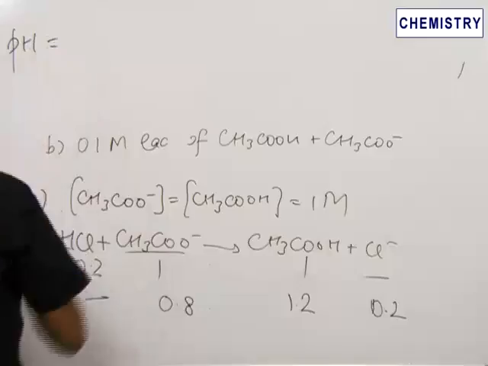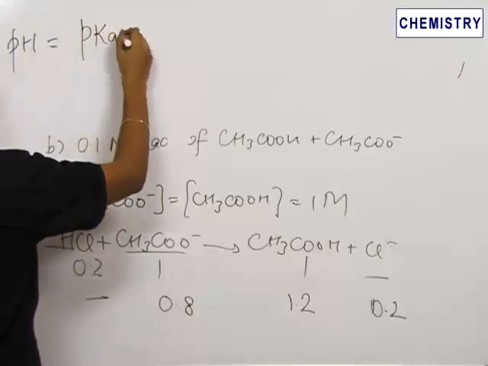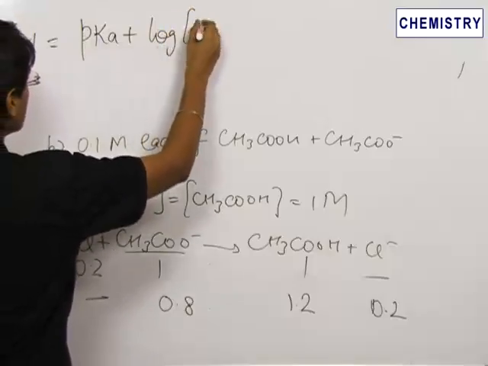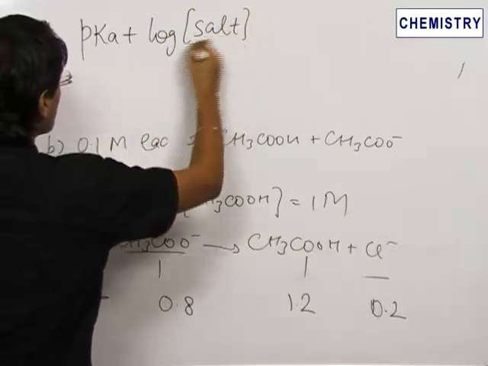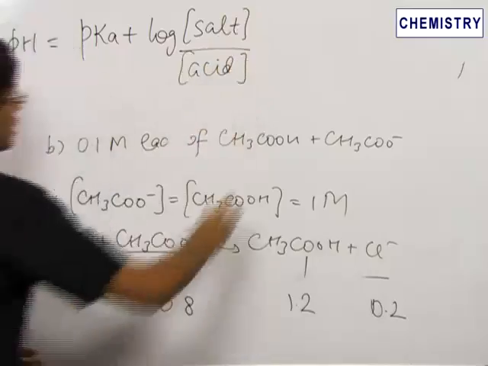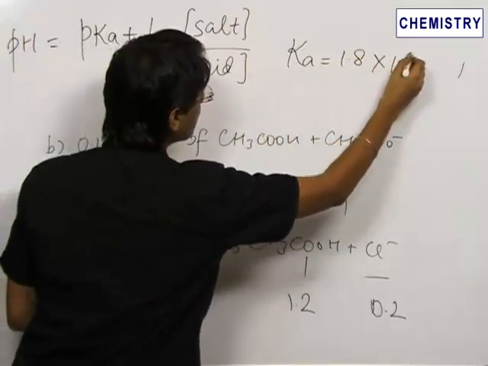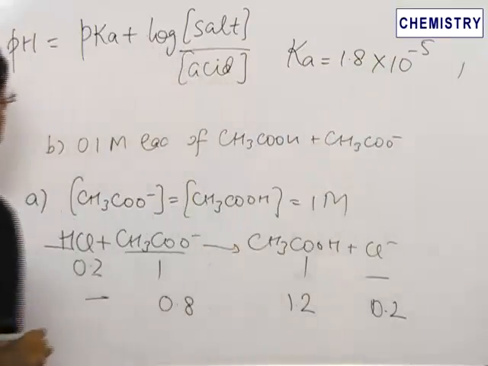and hence the pH can be very easily found out by using the formula pH is equal to pKa plus log of salt upon acid. Here the Ka for acetic acid is given to be equal to 1.8 into 10 power minus 5.